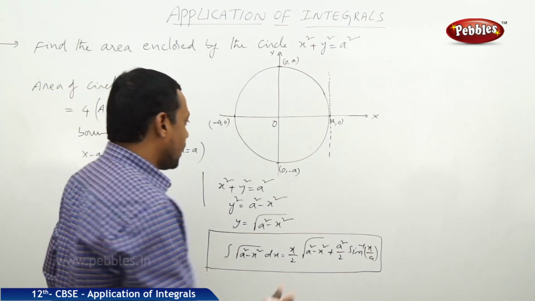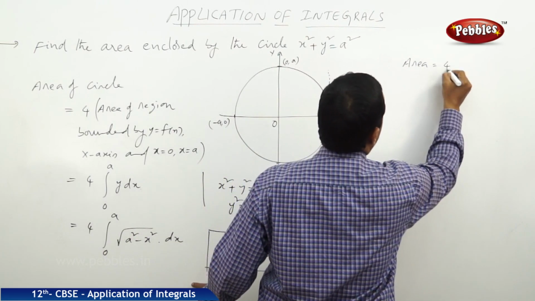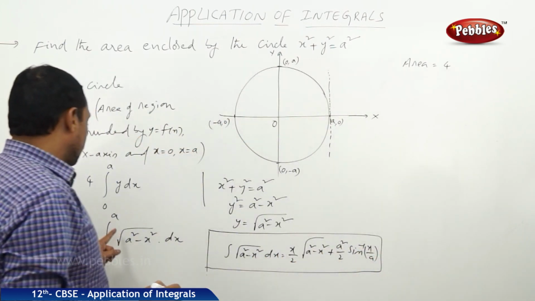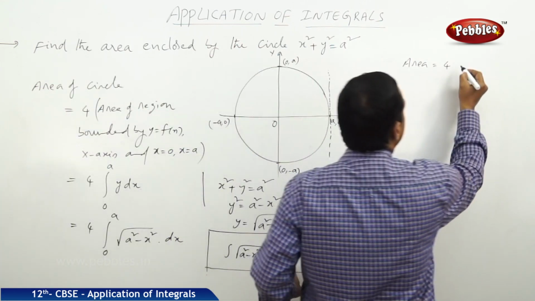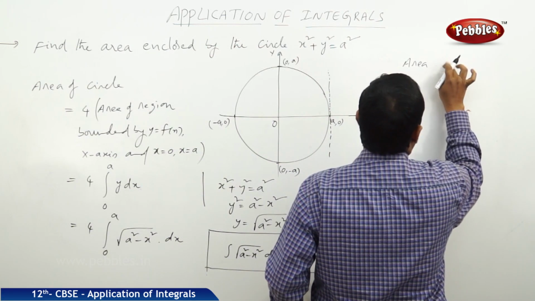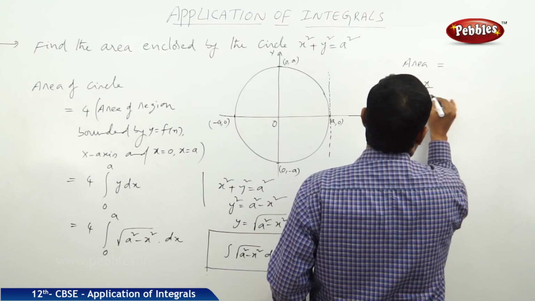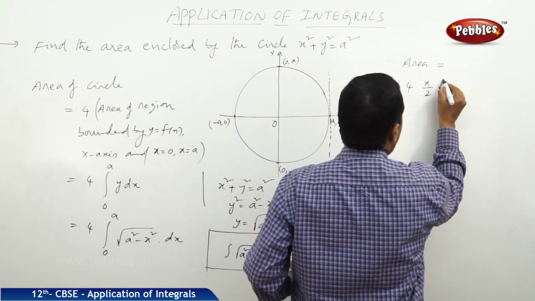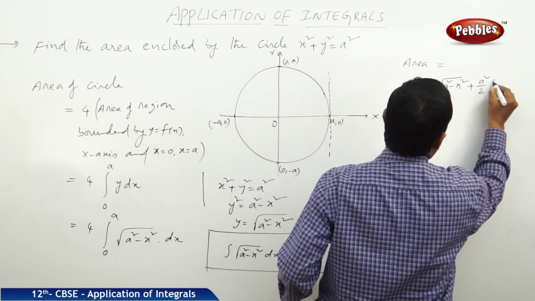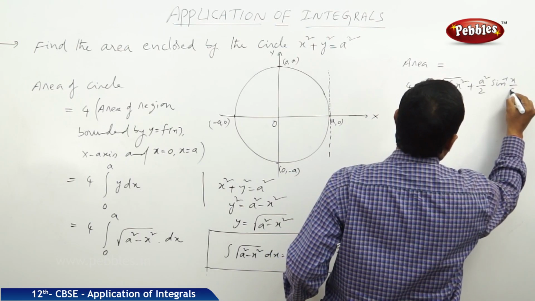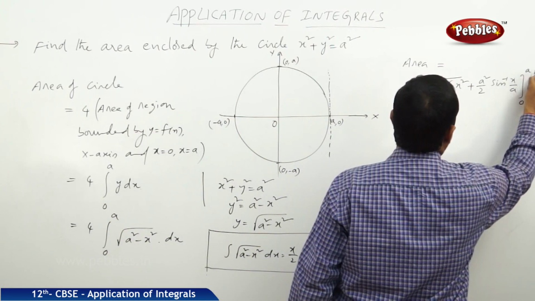Now, by this formula, the area is equal to 4 times x by 2 into root of a square minus x square plus a square by 2 into sin inverse x by a under the limits 0 to a.